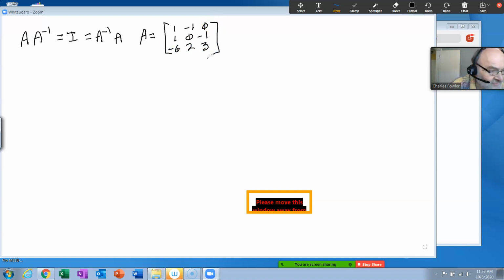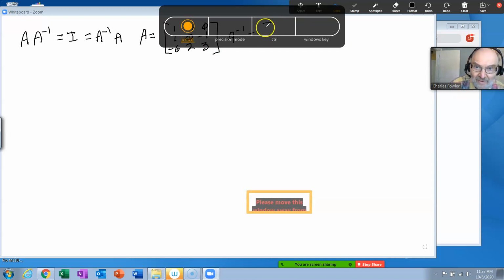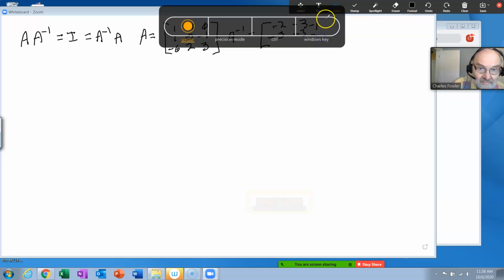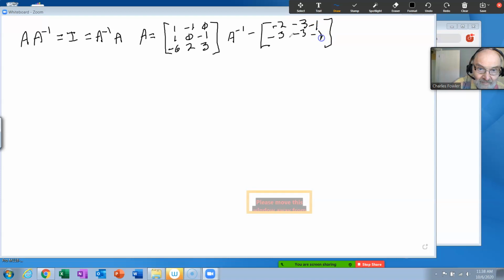Now, in the last class, last Thursday, we found the inverse of this matrix to be, or at least what we think it is, A inverse to be, and I don't have my pad here, so I'm going by what they did in the book: negative 2, negative 3, negative 1, negative 3, negative 3, negative 1, and negative 2, negative 4, and negative 1. Now that's a negative 2 there. I hope you can read that.